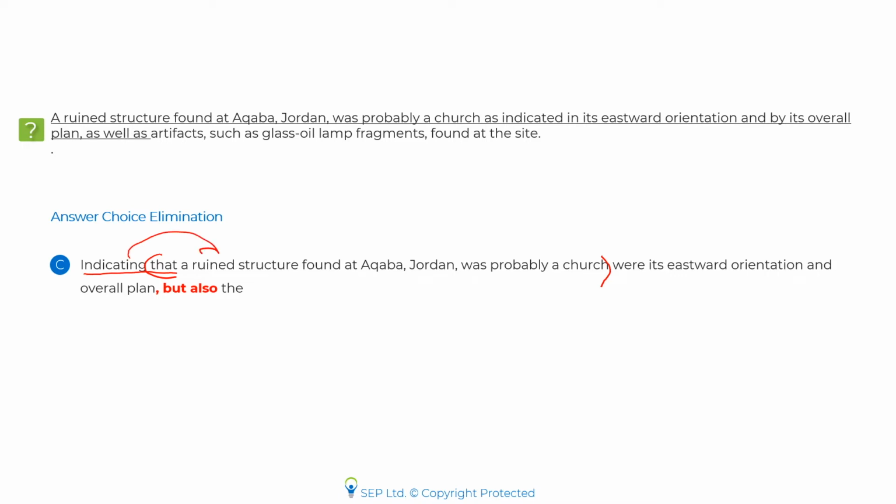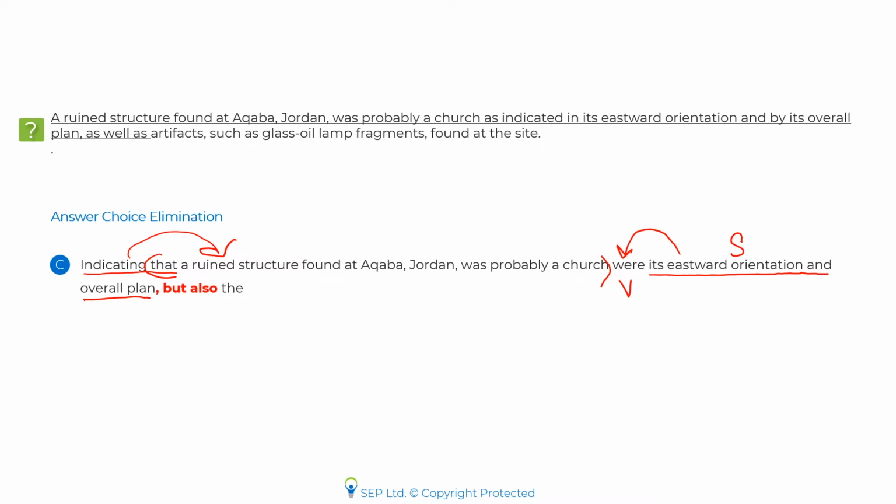Indicating this were, well now this is plural, were its eastward orientation and overall plan. So eastward orientation and overall plan are the subject and the verb here is "were," which is fine. What we are saying is the structure's eastward orientation and overall plan were indicating that a ruined structure found at Aqaba was probably a church.